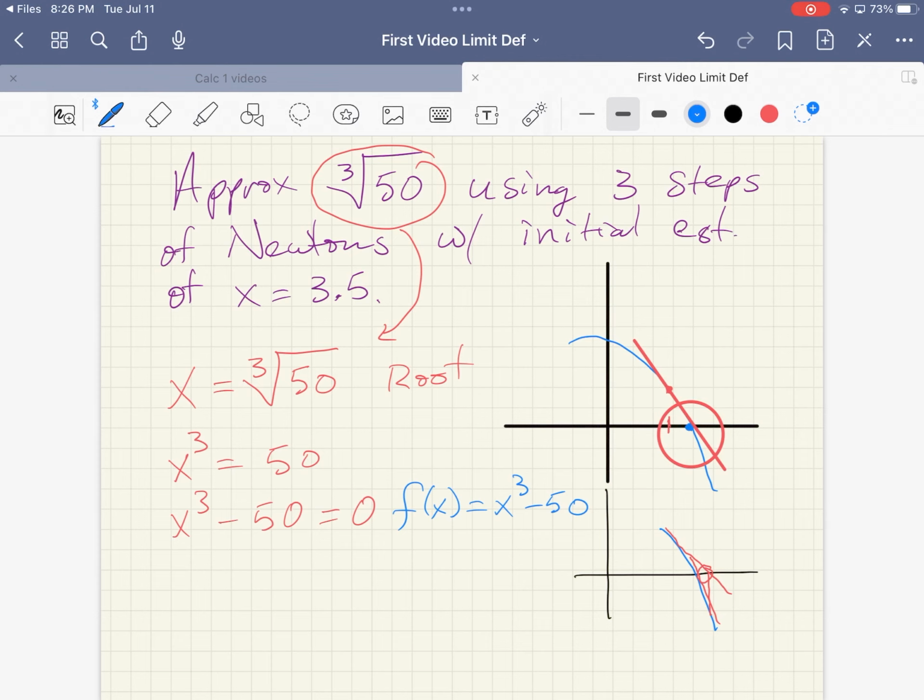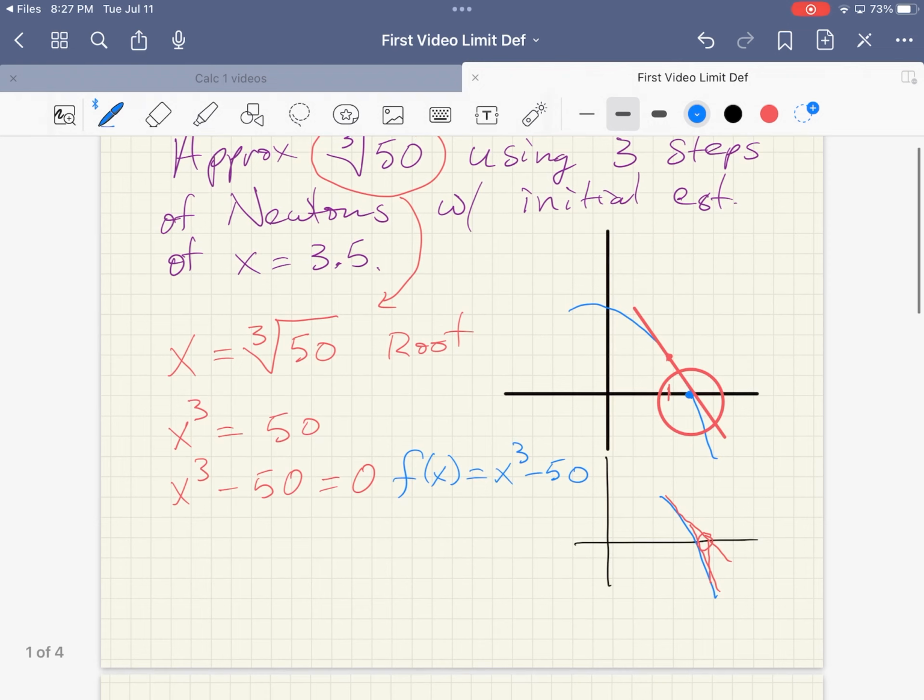And now we're going to use Newton's method. And remember that the formula is, and I want to talk a little bit about where this comes from, but the formula is basically this, that the next term is equal to the previous term minus the function at the previous term, I should say n there, sorry, divided by the derivative at the previous term.